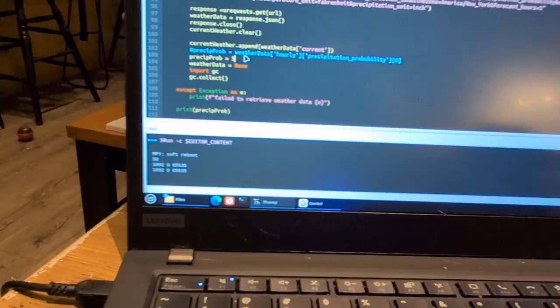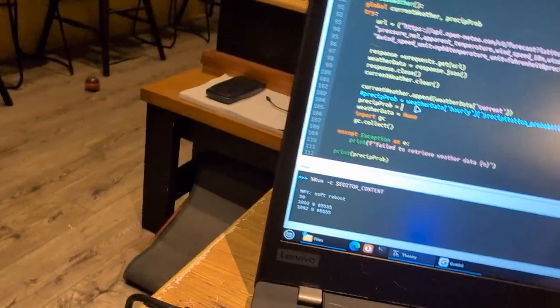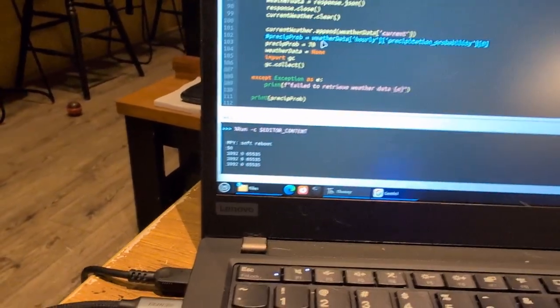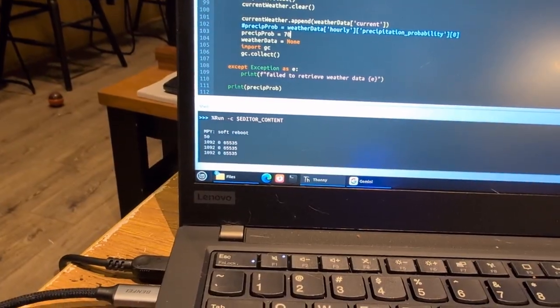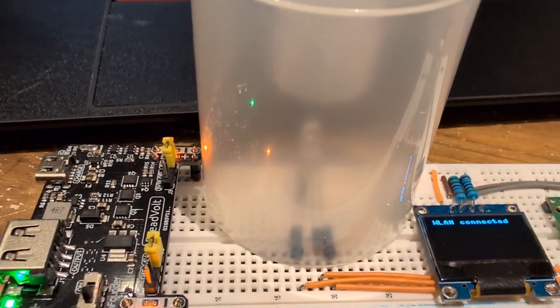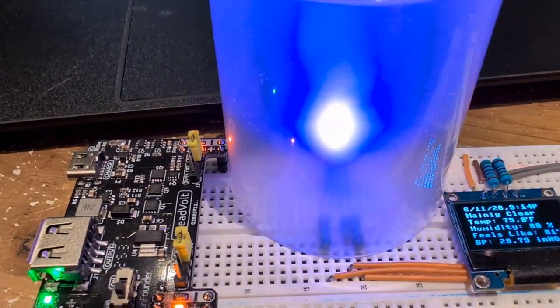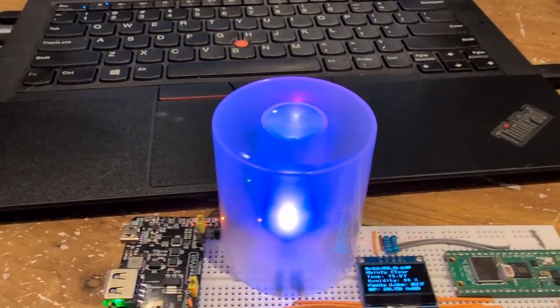If I were to enter, say, 70 and push go, we're getting even darker purple.